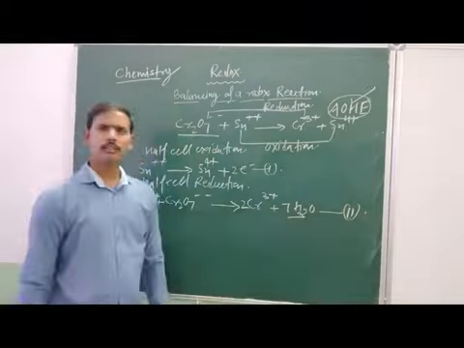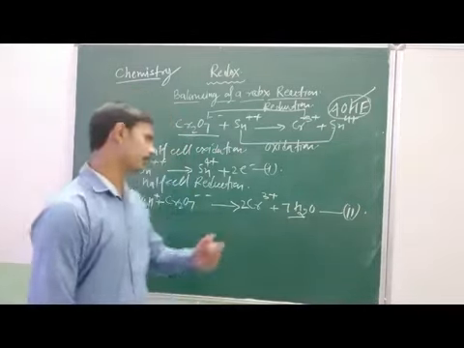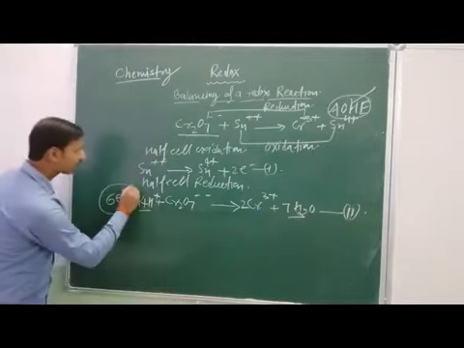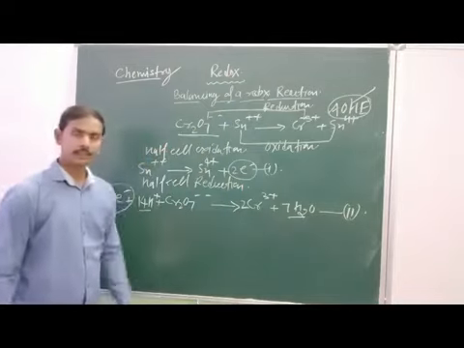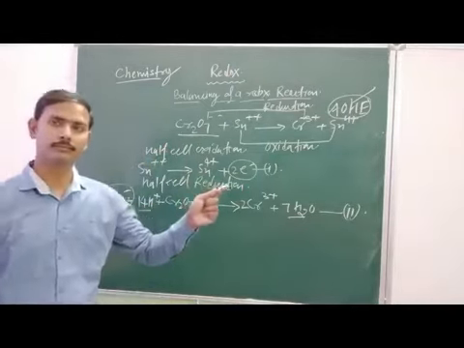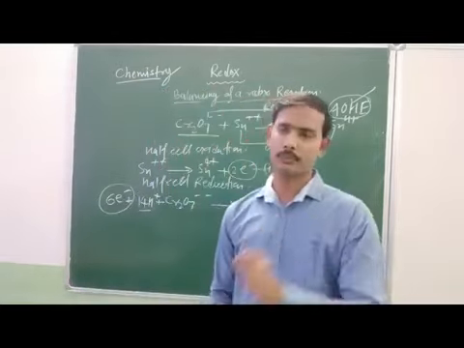My dear, this is where students make the big mistake. There are 6 electrons here, but in the first equation there are 2 electrons. Electrons must be balanced in the half cell reaction of oxidation and in the half cell reaction of reduction.